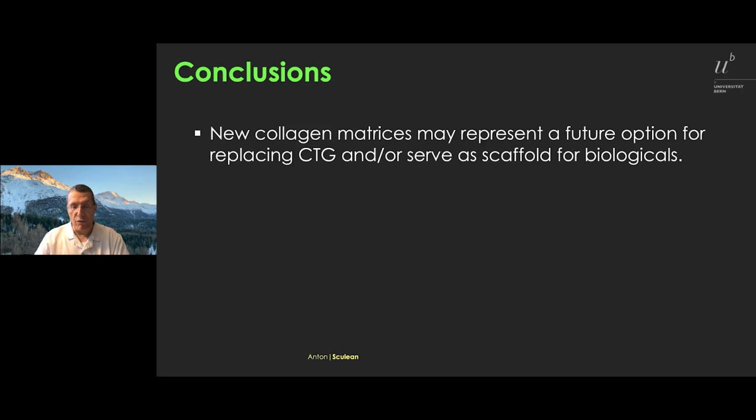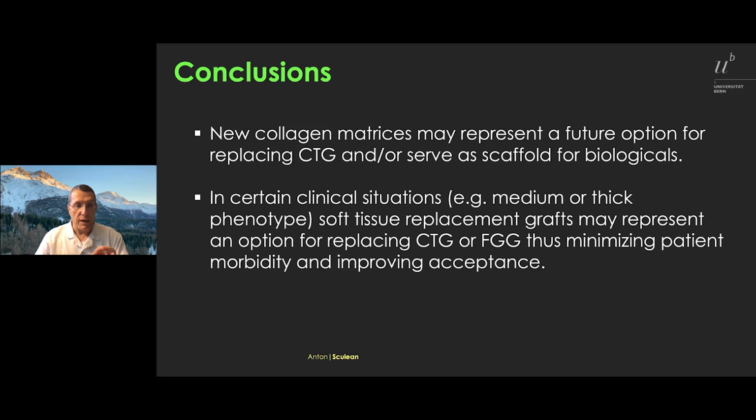This is, for me, a very important indication. In certain clinical situations, medium or thick phenotype, not in very thin phenotype, soft tissue replacement materials may represent an option for replacing autogenous tissue, which in turn will minimize patient morbidity, thus improving acceptance.